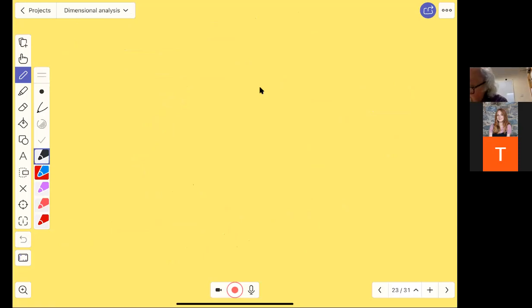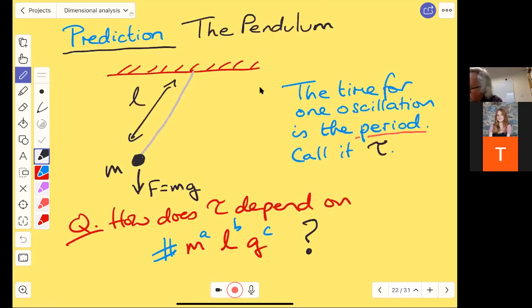So we have said that tau is going to be some number that we don't know what it is, times the mass at the end of the pendulum to the power a, the length of the pendulum to the power b, and the acceleration due to gravity on our planet to the power c. I hope I've got them in the same order, M, L, G, yep, that's right.